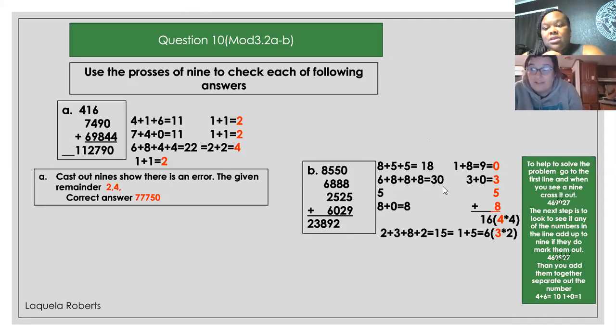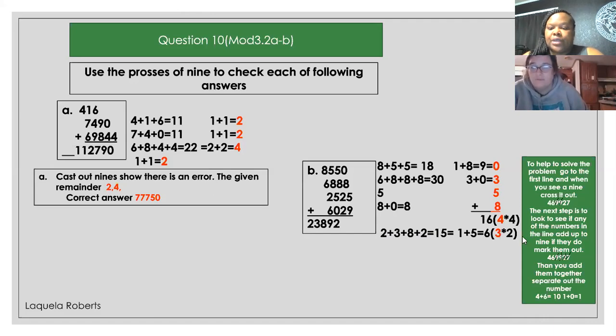Don't forget to cast out the 9s, Miss Dominique. So 5. So 8 plus 0 equals 8. Then we have 2 plus 3 plus 8 plus 2 equals 15, equals 1 plus 5 equals 6.